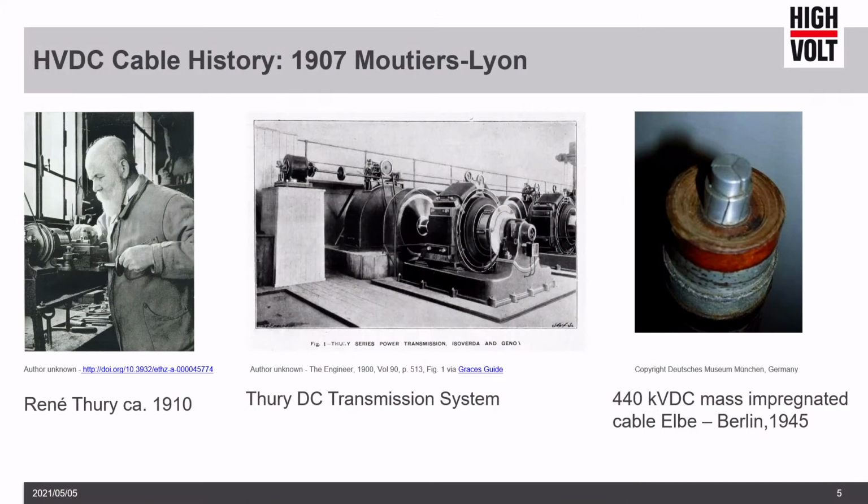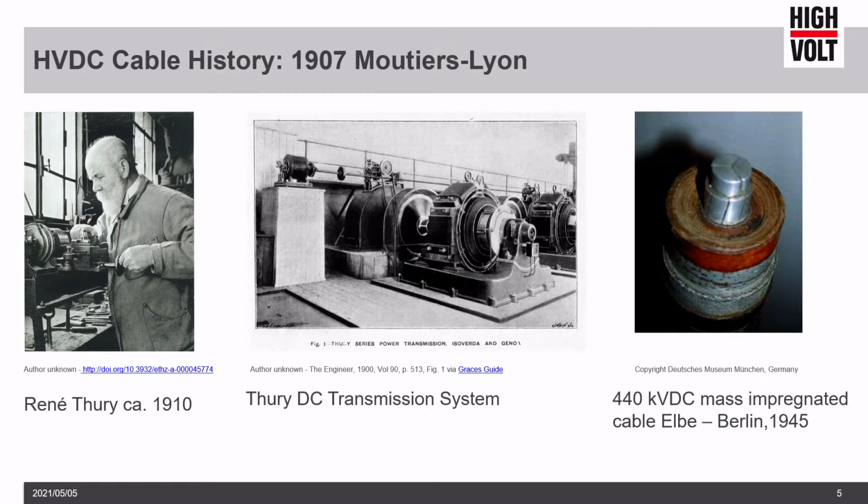Unfortunately, for the system as such, there are no real pictures available, but I found three pictures to illustrate that. You can see René Thury, a Swiss engineer who was driving DC systems for railways and trams in the cities, and he also developed a Thury DC transmission system with motor generator sets based on DC.